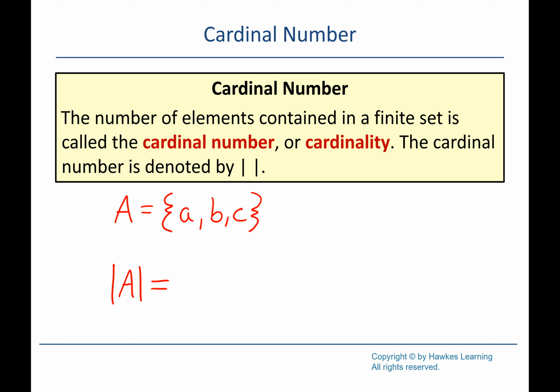And what would that be? How many members do we have in A? We got 3. Yep, 3: A, B, and C. And then what if we had a different set?